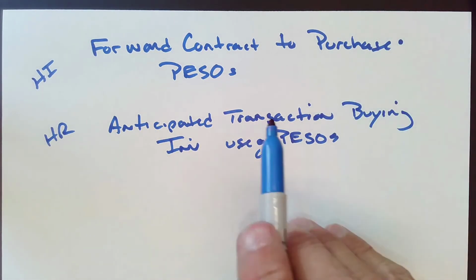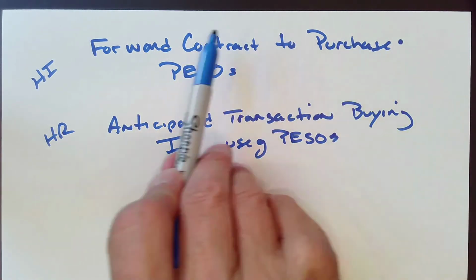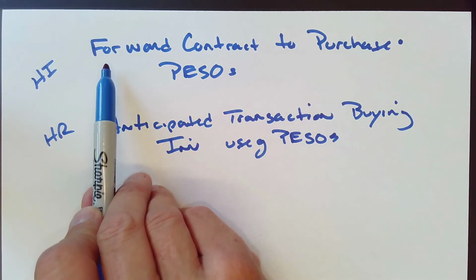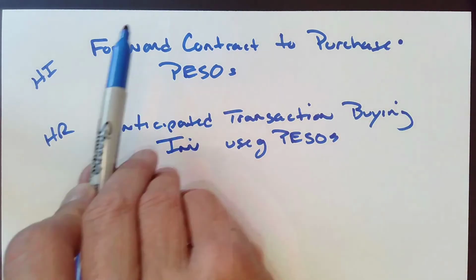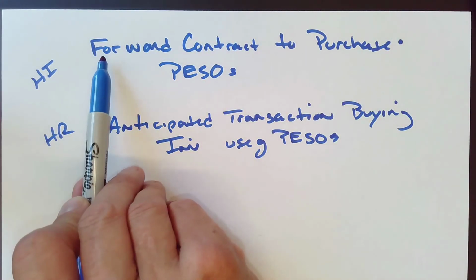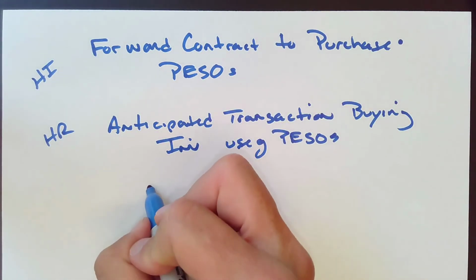Now, this forward contract doesn't go through the income statement. Because if we didn't get hedge accounting, it would go through the income statement. This forward contract doesn't go through the income statement under a cash flow hedge.